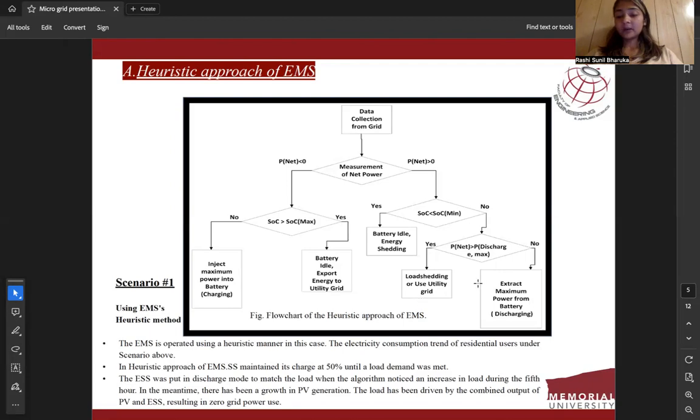It also depends on where the power is coming from, and it is consumed in both ways. With load shedding, the electricity supply is stopped, or the utility grid is used. Using the storage system means conserving electricity for the times of greatest requirement. When we use the batteries, it is the discharging process, which extracts the maximum power from the battery.